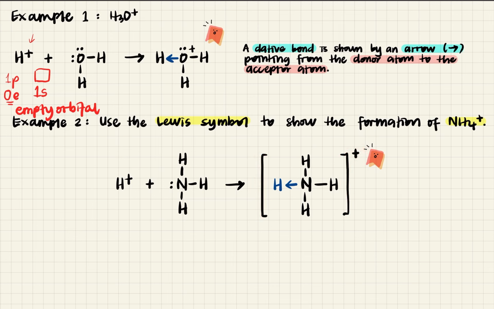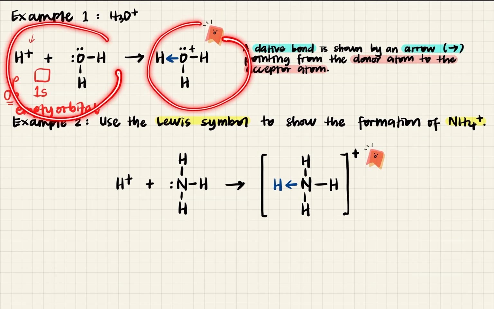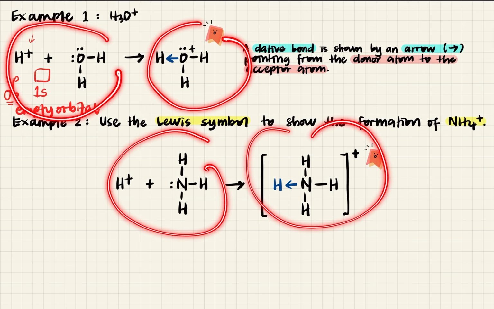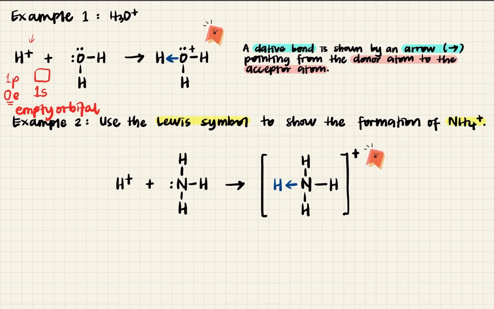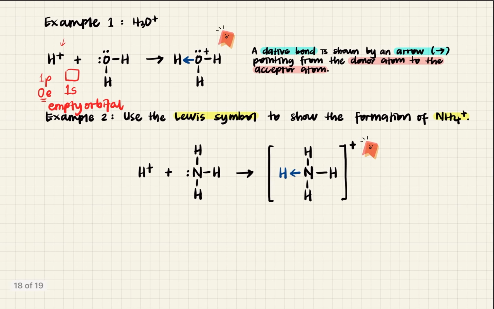Alright. So the plus charge that we have from the H+ will not just disappear. So if you have a plus charge here, it will go somewhere in your product. Okay, the charge on the left side and the right side will be the same. Okay, so that is your dative bond formation.